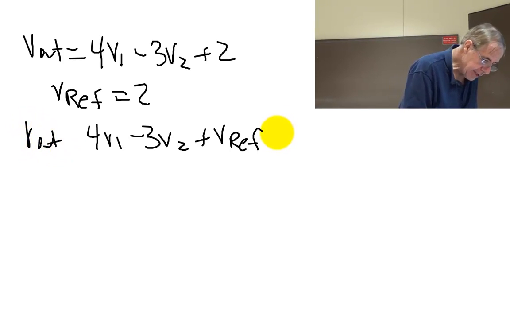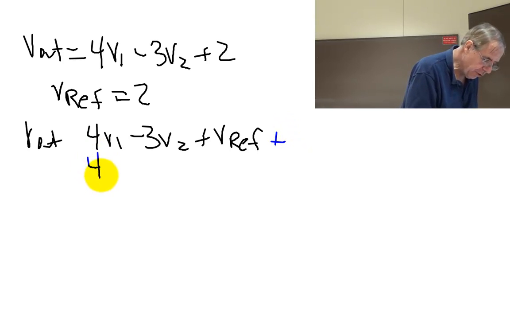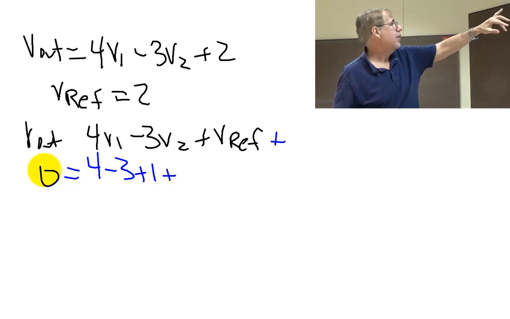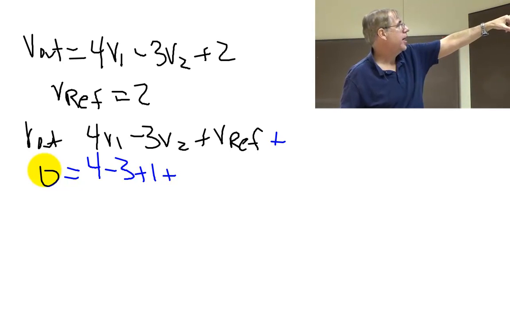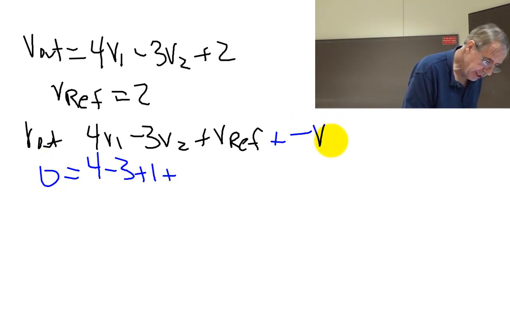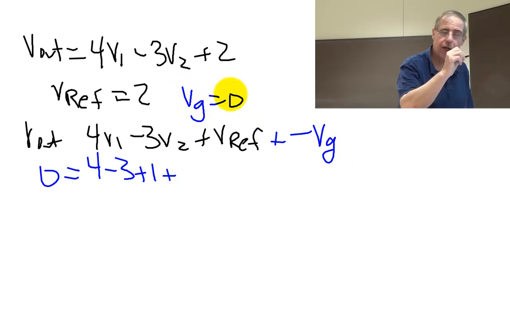The next step is to add some ground gain such that the sum of 4 minus 3 plus 1 plus whatever number I put right there is equal to 1. Right now I've got a 2. You see that? I'm up to 2, and I want to go down by 1, so I'm going to go minus VG, where VG is ground.